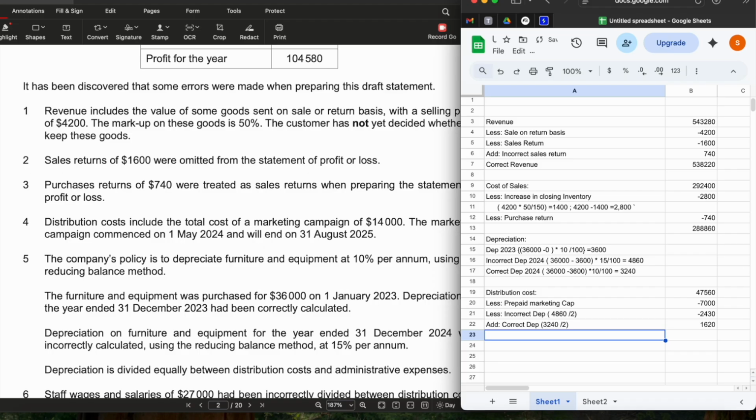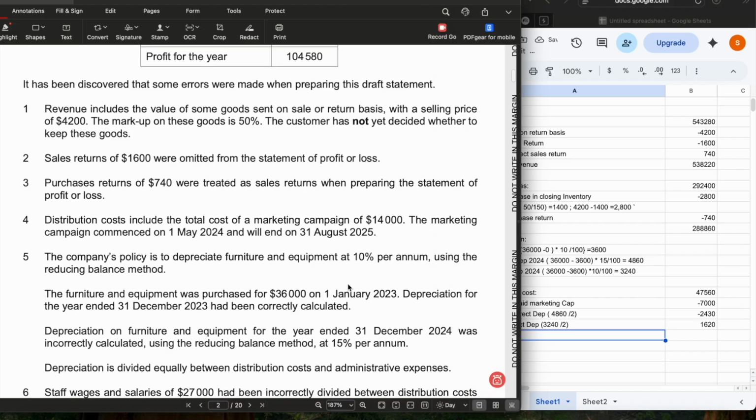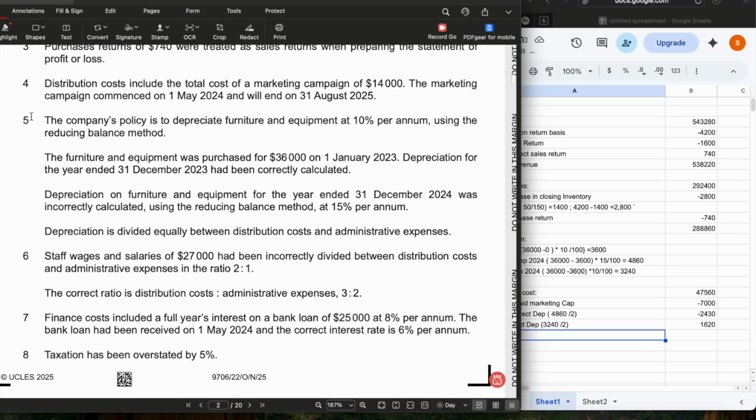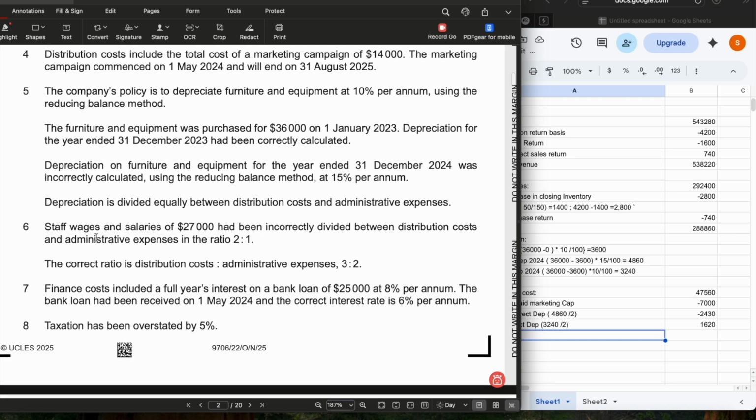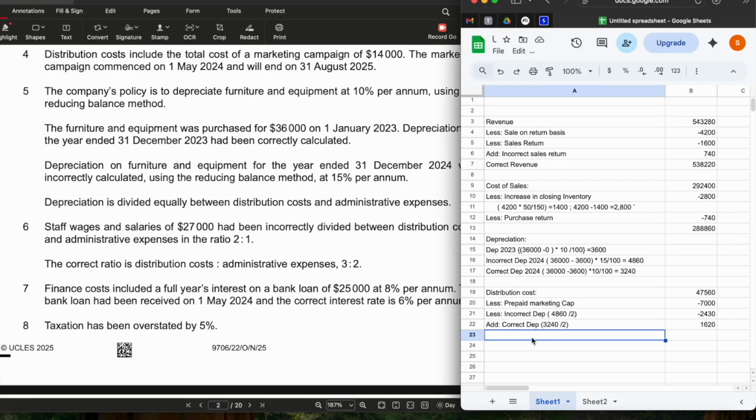Okay. After depreciation, number 6, staff wages and salary of 27,000 has been incorrectly divided into distribution and administrative expense in the ratio 2:1. So this is incorrectly divided. Like depreciation, first we'll subtract the incorrect salary.